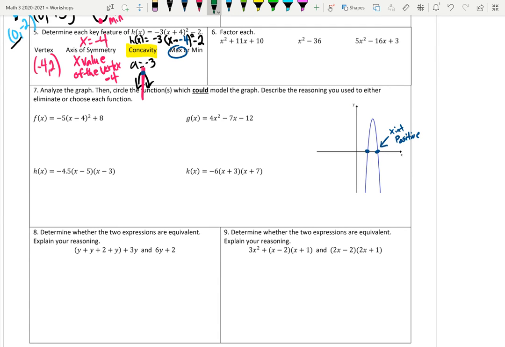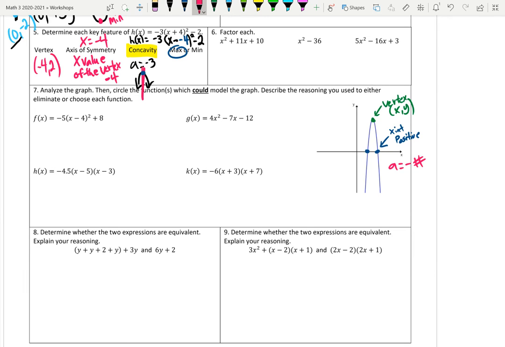I know that my vertex is right here, and the coordinates of this vertex are both going to be positive as well. I would have to go a positive number to the right and then rise a positive value. I also see that it is clearly concave down, so a is going to have to be a negative number.